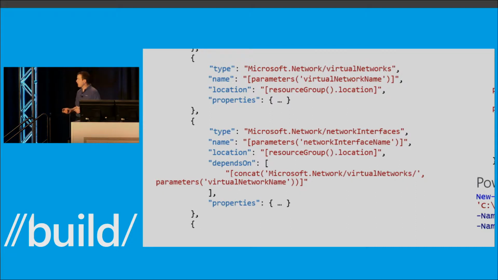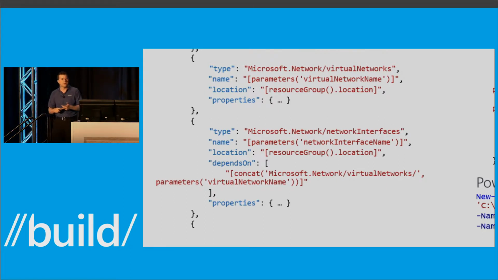We see dependsOn. That's interesting. So we have a network interface, and we're saying this depends on the virtual network. So the virtual network, therefore, conceptually, must be created before we can create a network interface within that virtual network. These are cues that ARM reads, so it can deconstruct the template into a dependency graph, and then parallelize those requests to the various resource providers to make sure that, one, we don't get ahead of ourselves and try to instantiate something that we can't instantiate yet because the parent or dependency doesn't exist, and two, to maximize efficiency.